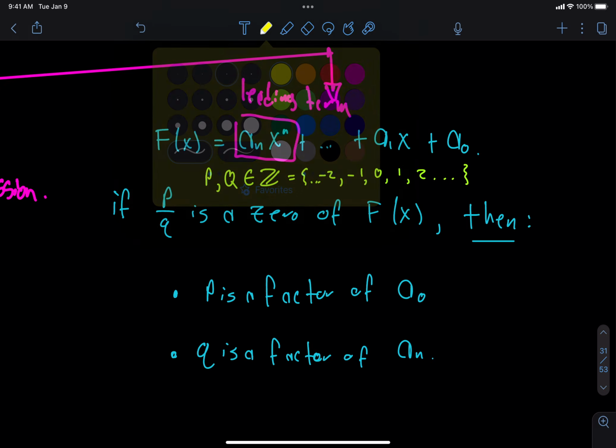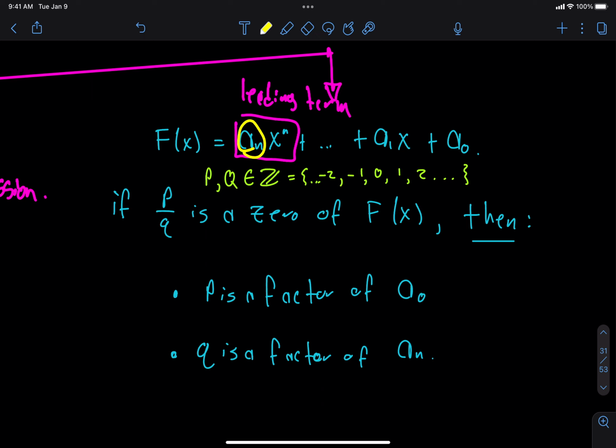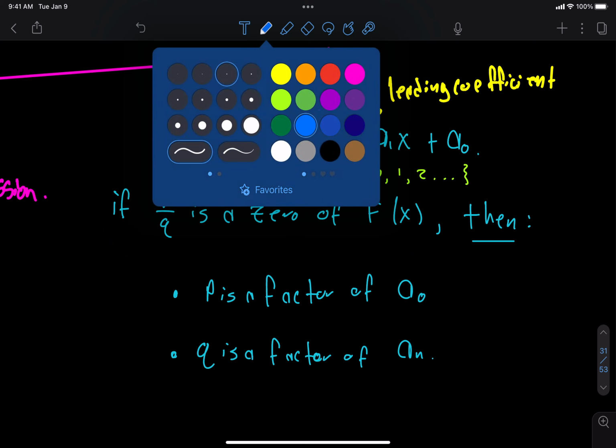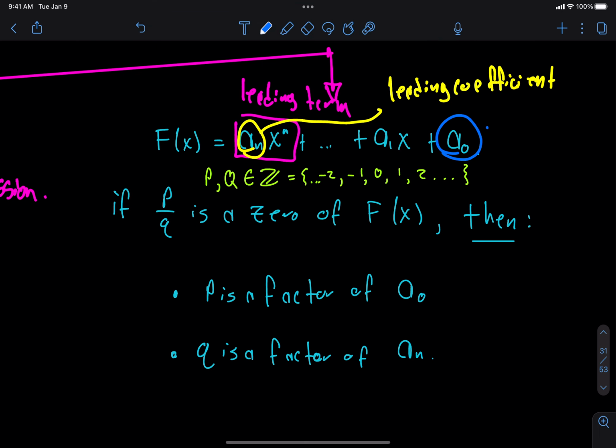Specifically, the an, the number which is attached, is called the leading coefficient. And the last one is sometimes called the constant coefficient, constant term, or the tail term.